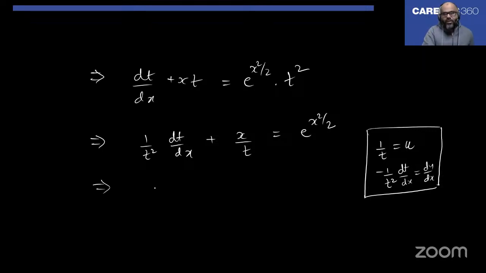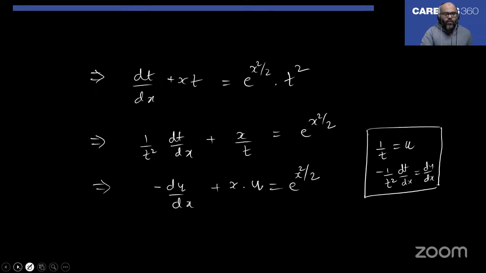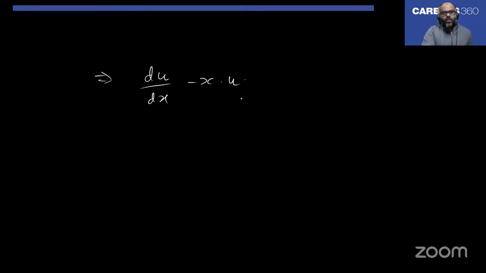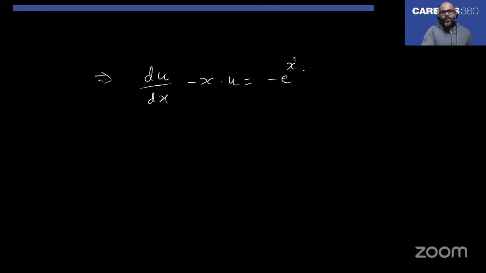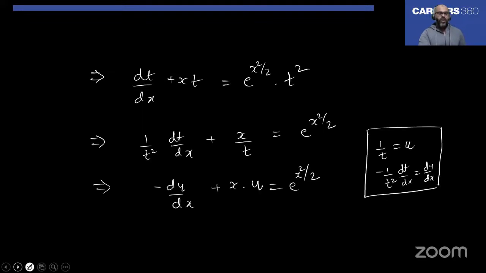So we write it as minus du by dx plus x into u is equal to e to the power x square by 2. Then we write it like this, that it is du by dx minus x into u is equal to minus e to the power x square by 2. So we take the minus common from the left hand side and transfer it to the right hand side.